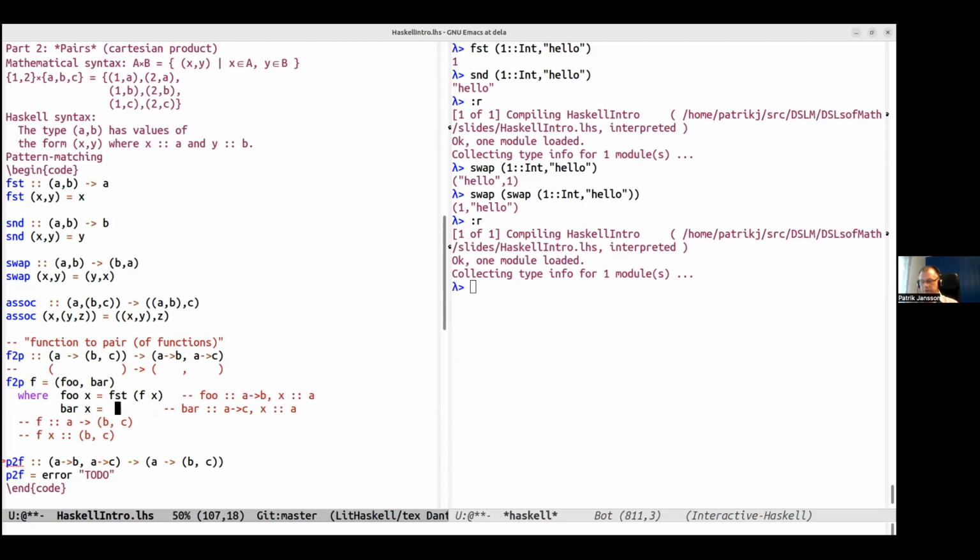And similarly, this should be the second of f of x. So we have locally defined two functions, foo and bar, and they both call the same helper f, but one takes out the first component and the other takes out the second component.